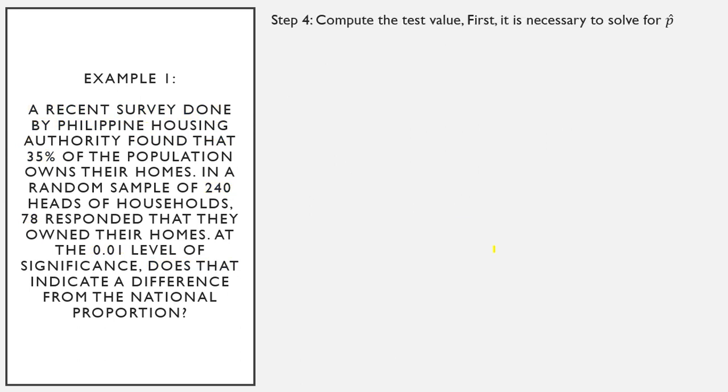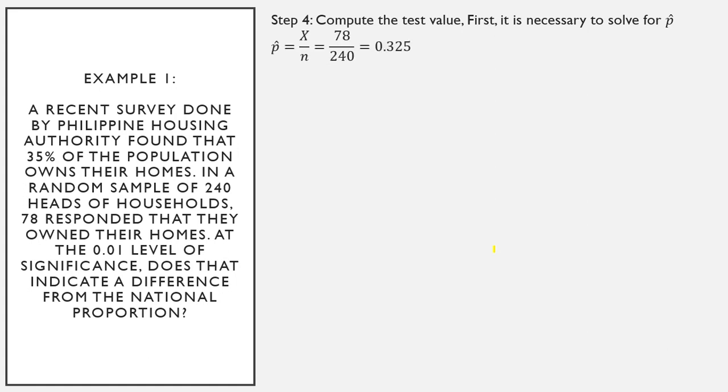Step number 4, we're going to compute the test value, but before that, we will be finding first yung sample proportion at the same time yung letter Q. Kasi sila na lang pong dalawa yung nawawala in order for us to substitute the given that we have a while ago doon po sa test value or doon sa formula na pinakita ko po sa inyo for z-test proportion.